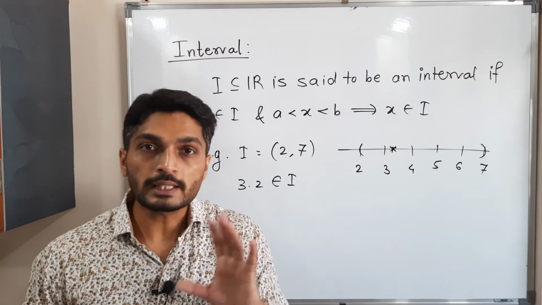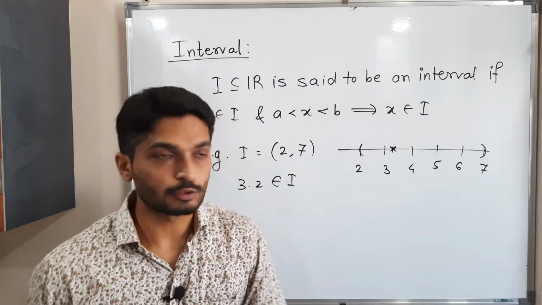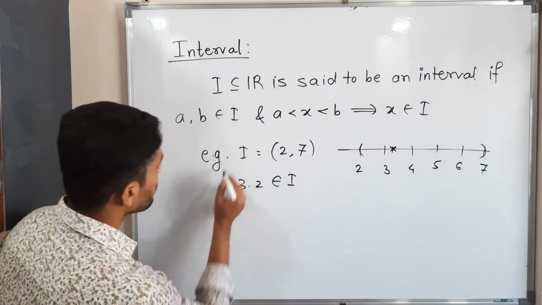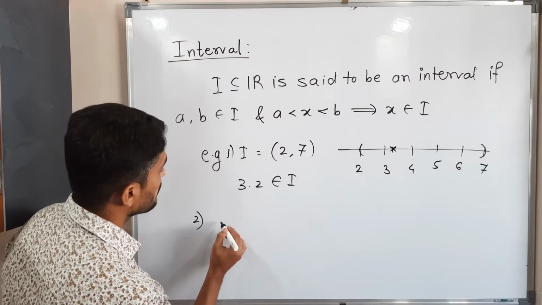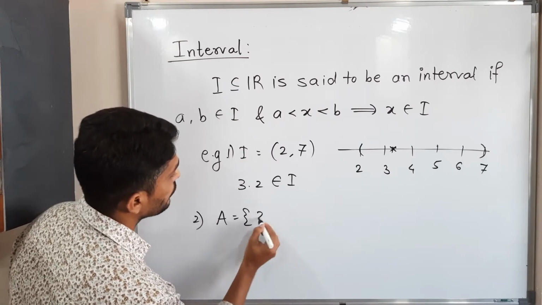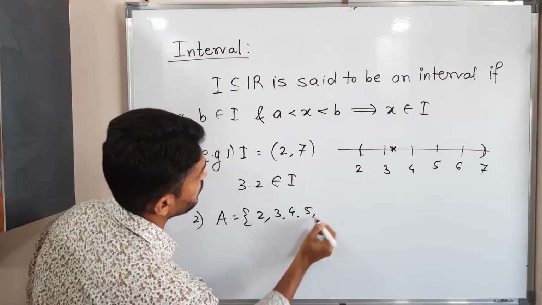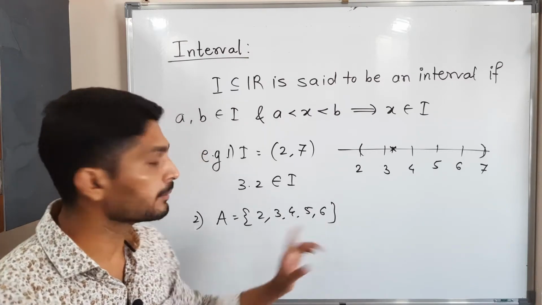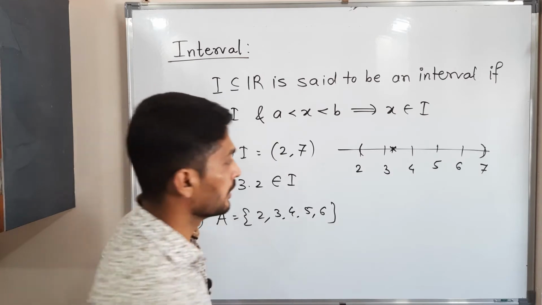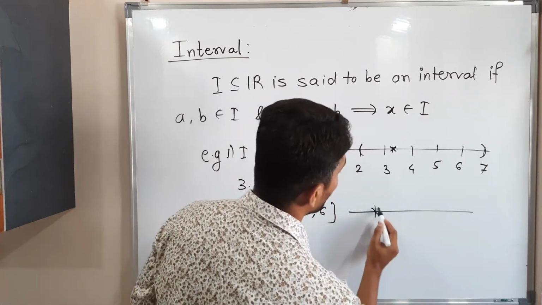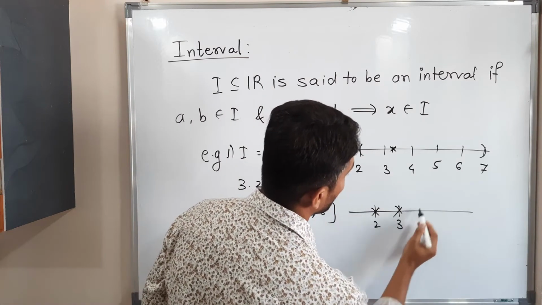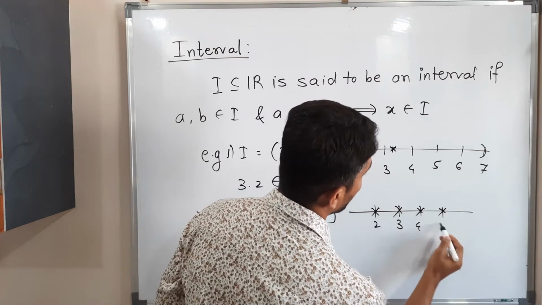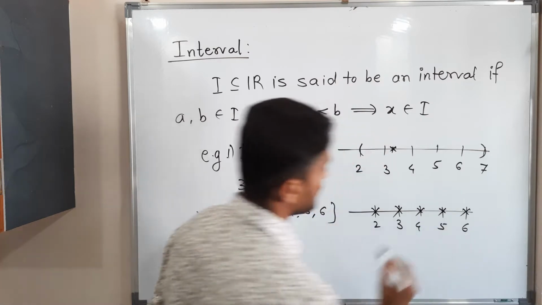I will also give one example which is not an interval. Second, suppose A = {2, 3, 4, 5, 6}. This is a set having just 5 numbers: 2, 3, 4, 5 and 6.